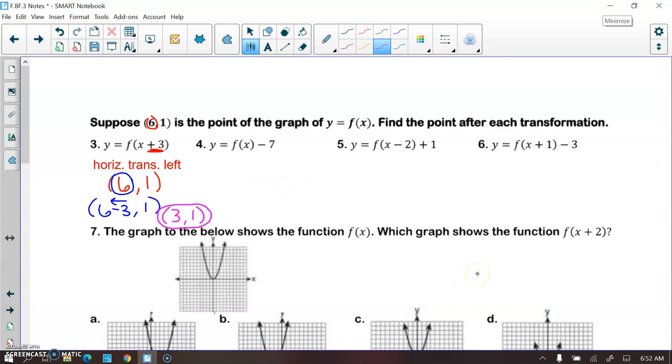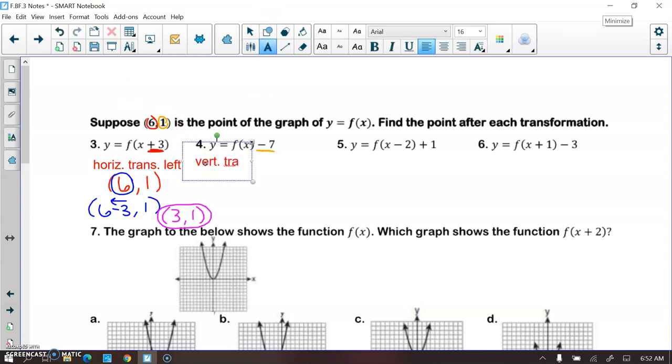Number 4, since this minus 7 is on the outside, that's a vertical translation, and it's identical to what it looks like. It looks like we're doing it down, and we are doing it down. And that's going to be affecting my y value. So this is a vertical translation down.